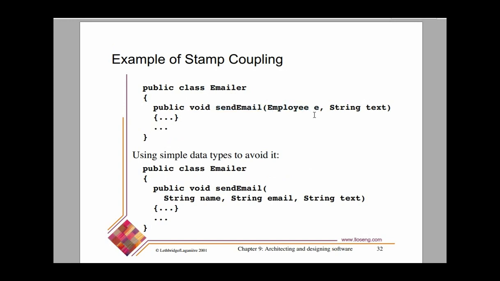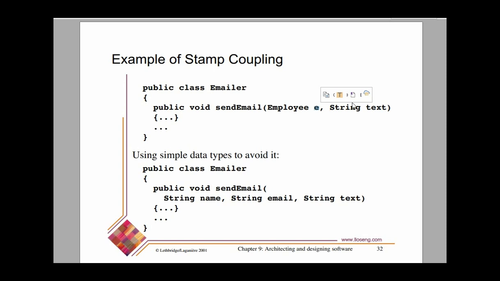So now I have an example for this here. For example, there is a class called Emailer. In this there is a method called sendEmail, and in this you have Employee e as an argument. Now imagine this Employee class has many instance variables, like name, address, email, salary, manager, and many methods to manipulate these variables.